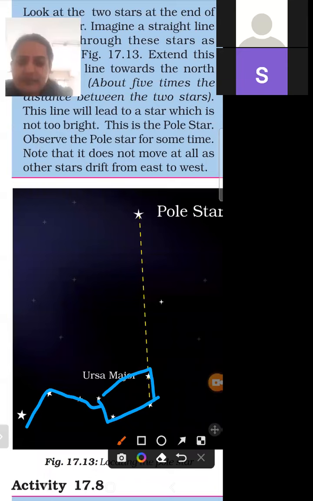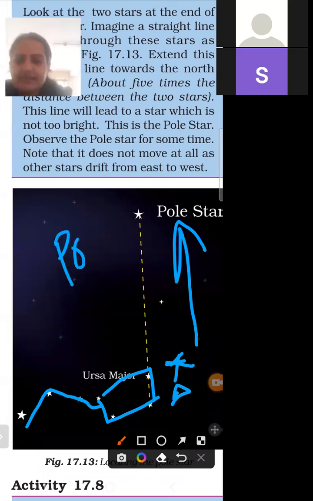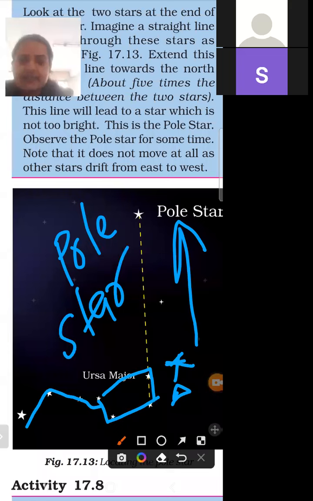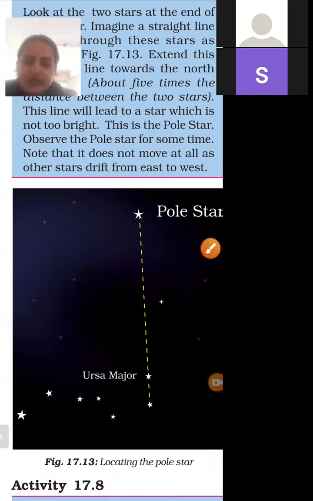You join this line, and after this there is the pole star. This pole star does not move, but all stars move from east to west except the pole star.